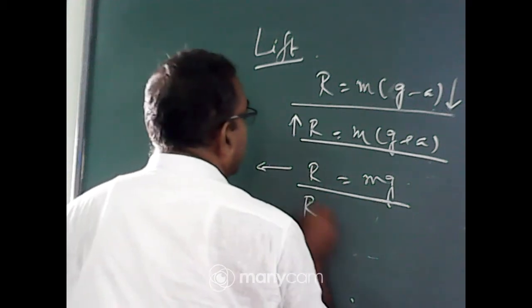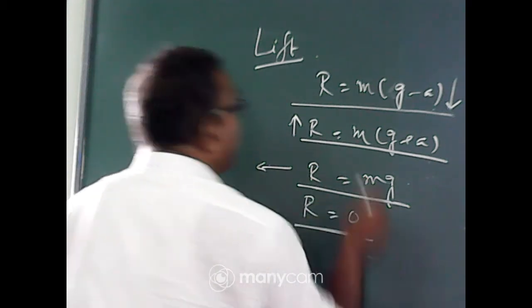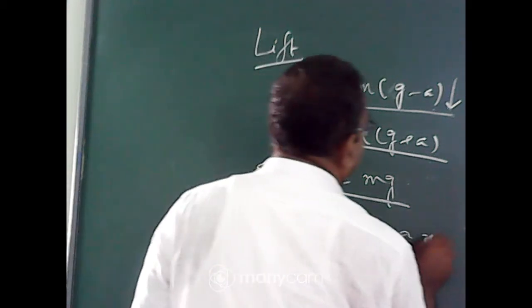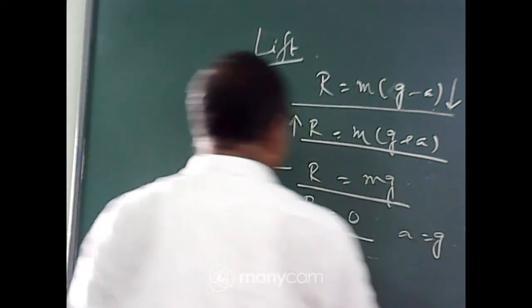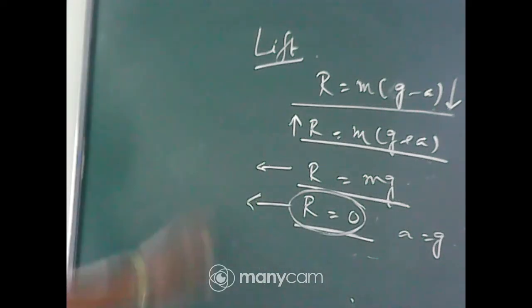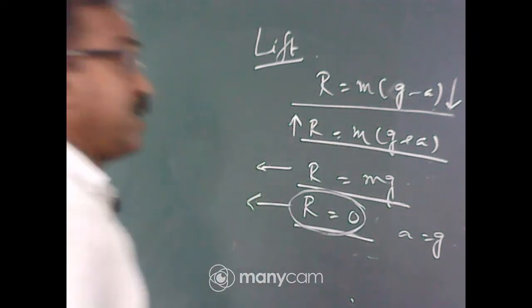When the lift is detached from the support, at that time a equals g. When it moves in the downward direction, the reaction force will be 0. So for the lift, the equation is this.